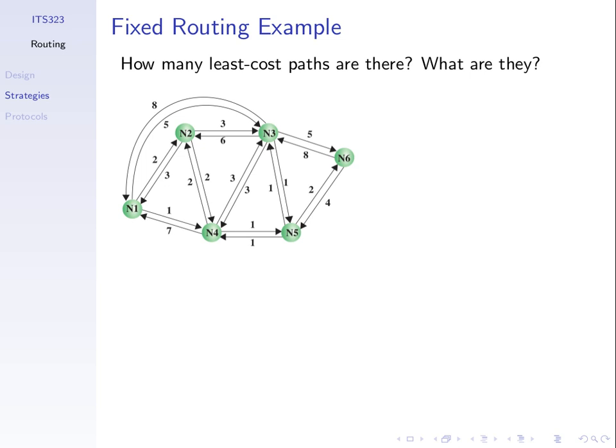In the entire network. In the entire network, 30. Okay? For this node, there are 5 paths, and then we do it again for node 2. And then node 3, node 4, node 5, node 6. 6 nodes, 5 other nodes, 30 paths in total.